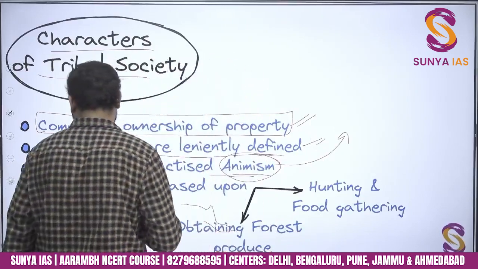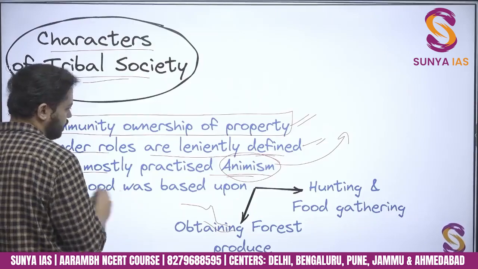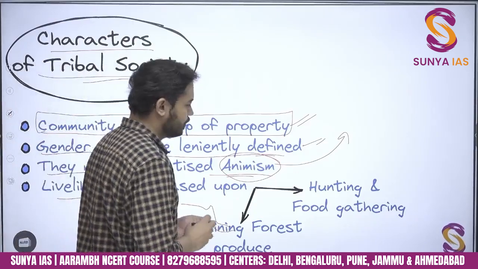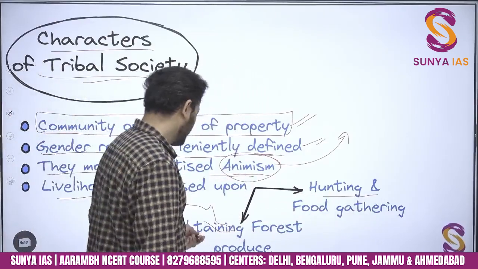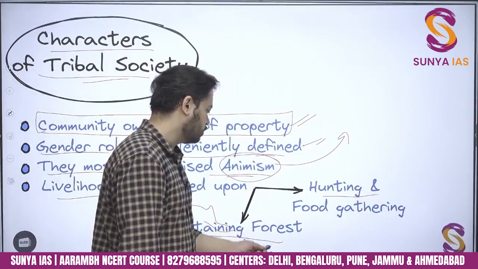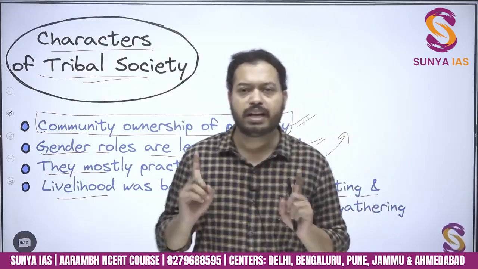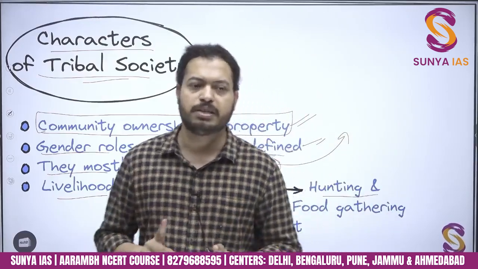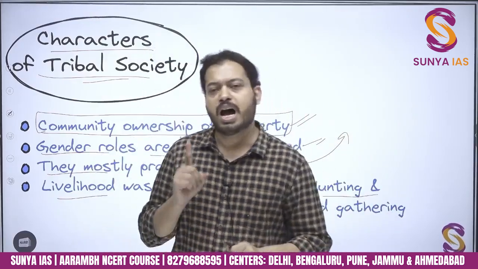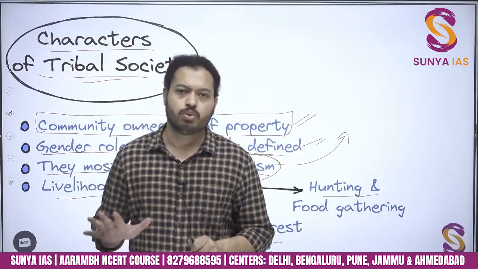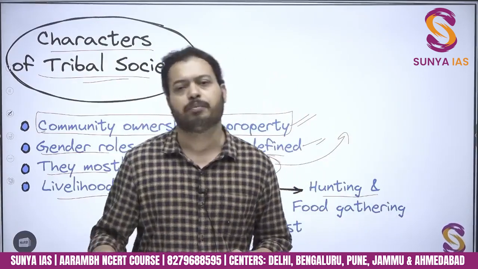Now, tribals' livelihood is basically hunting and food gathering and obtaining forest produce. Now look at this very carefully. Nowhere are agriculture and farming mentioned. Tribals are not someone who usually do farming.